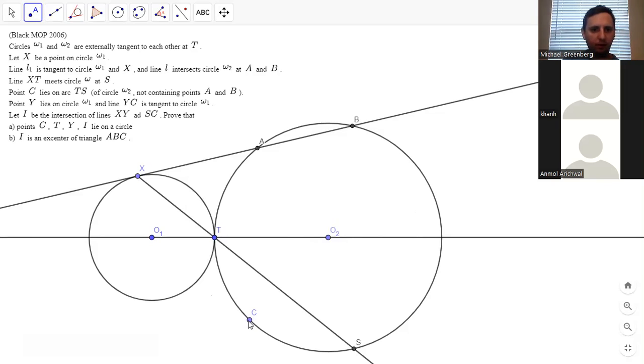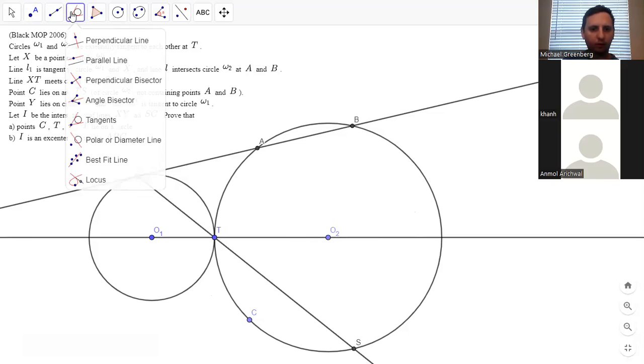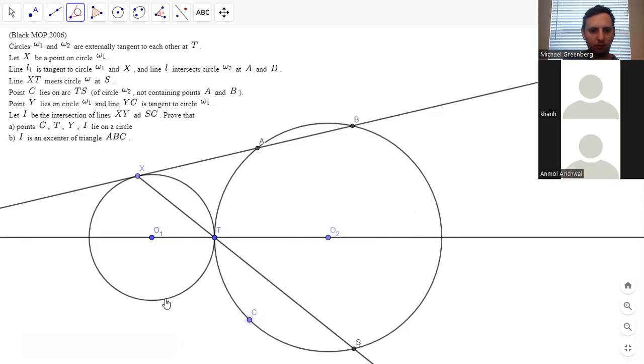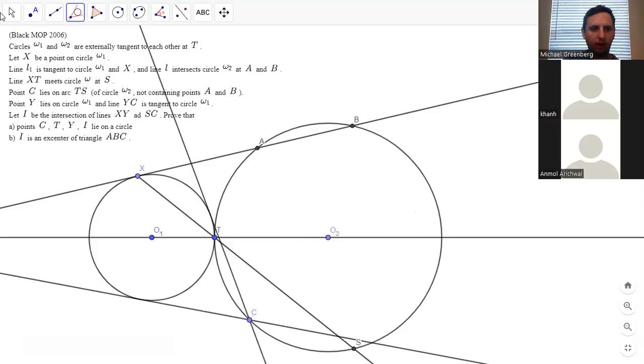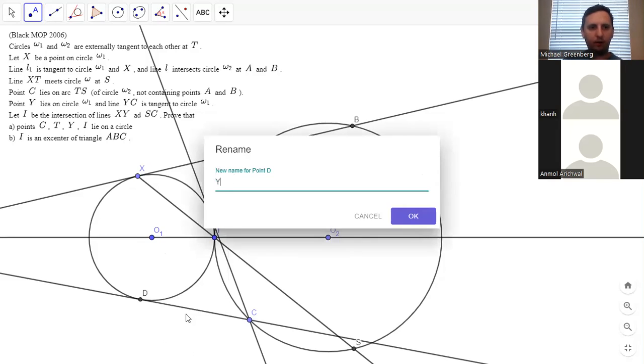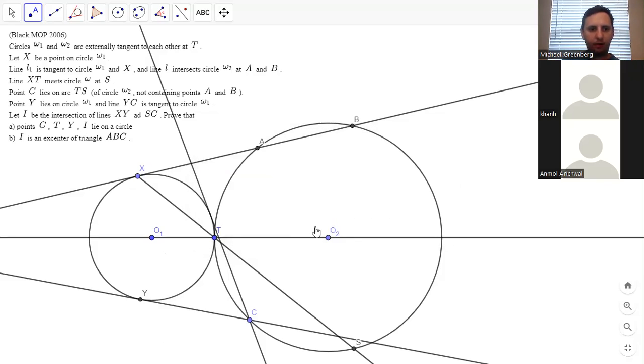YC is tangent to the other circle. So X can be any point and C can be any point. So this is Y. And I is the intersection of XY and SC.